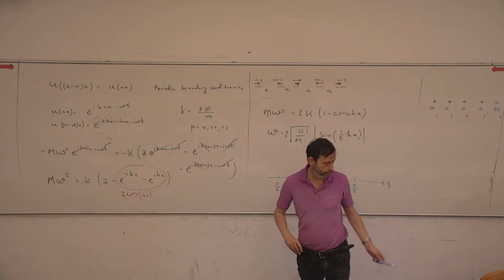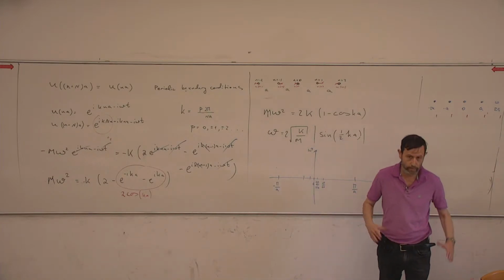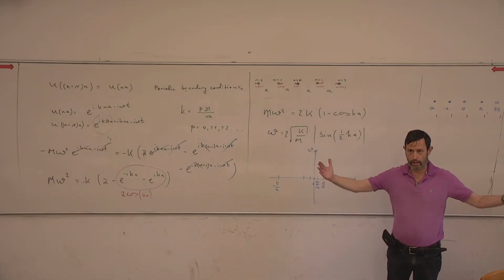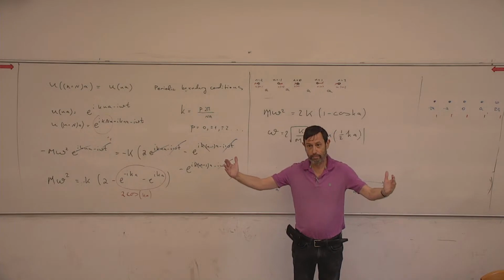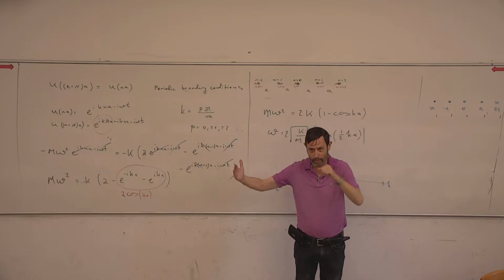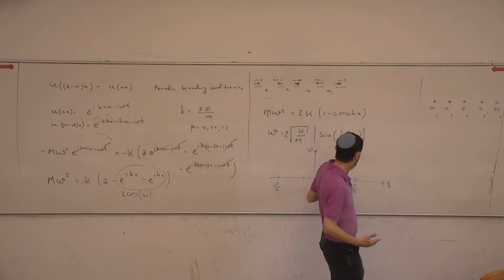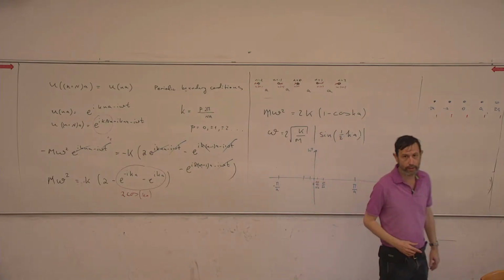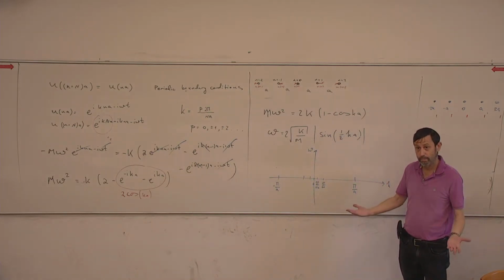It's equivalent to taking a system with springs between them, just moving it here. What happened to the energy of the system? Nothing, because all distances remain the same. And therefore the dispersion omega of the 0 mode is 0.